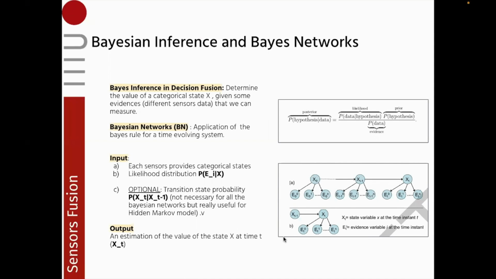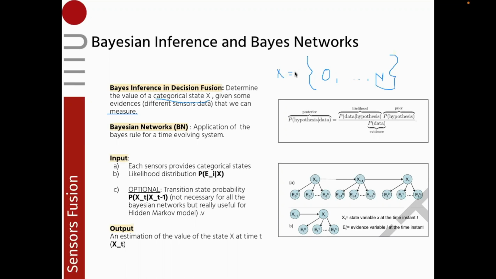given some evidences which are provided by our sensor data. So data that we can measure. I want to underline two main concepts. First of all, the state here is categorical. So it basically assumes values in a finite domain, like 0 to n.